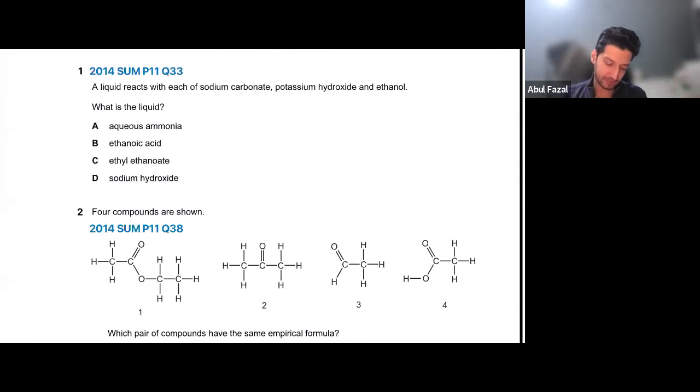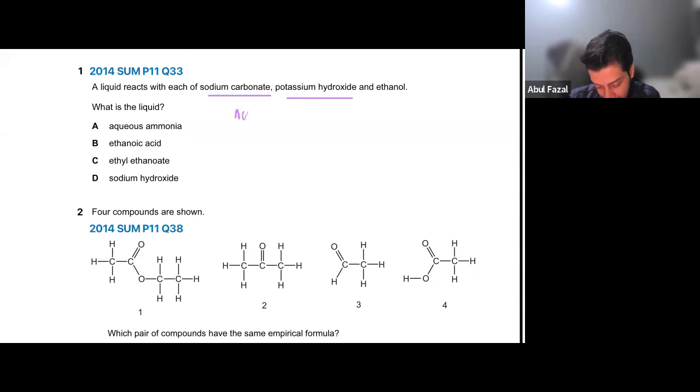All right, a liquid reacts with each of sodium carbonate, potassium hydroxide, and ethanol. What is this liquid? So this is a chemistry question. Well, it seems to me that a carbonate can readily react with an acid, and potassium hydroxide is a base.